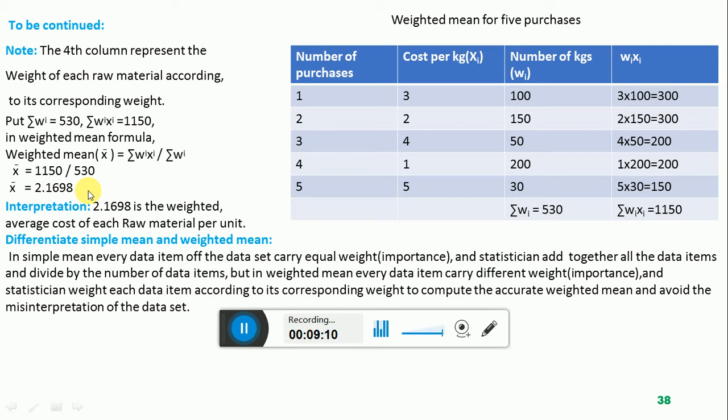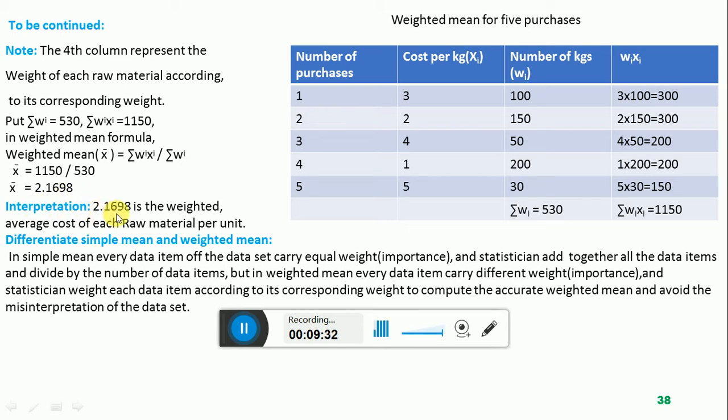This means that when a businessman, or purchasing agent, purchases the 5 different raw materials, the statistician calculates the weighted average cost per kg of every raw material, which is $2.1698.